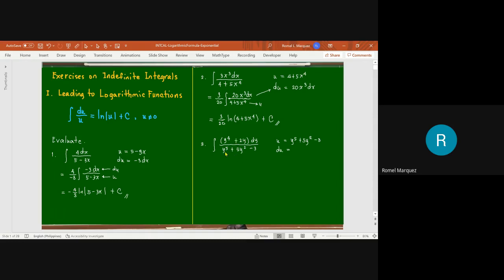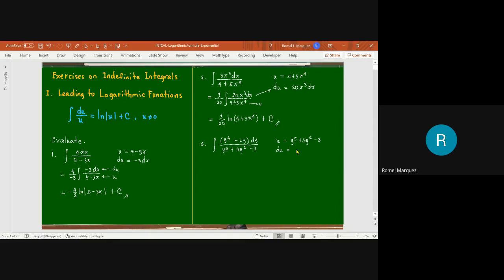Remember, if you differentiate y to the fifth, the power becomes 4, no? But everything must be correct for the second term. So that's why we are checking if the numerator is really the du. If not, then think of another way.